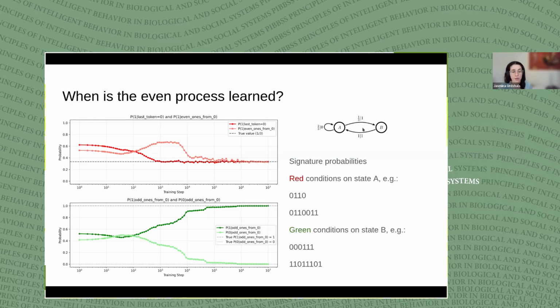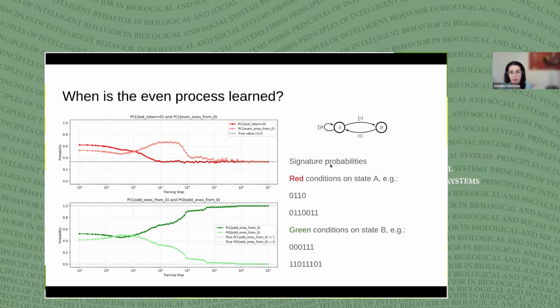Pairs of ones will always come in even configurations. And that we will use to recognize these states.